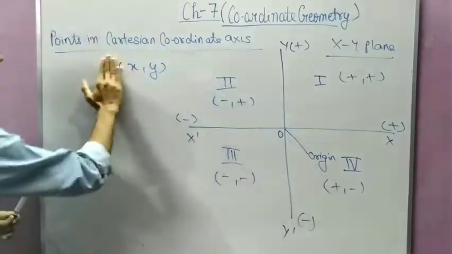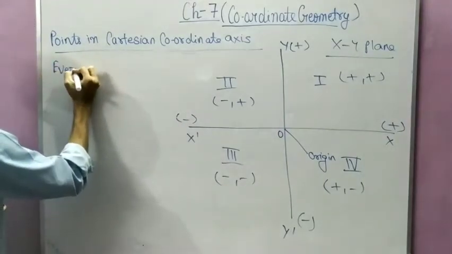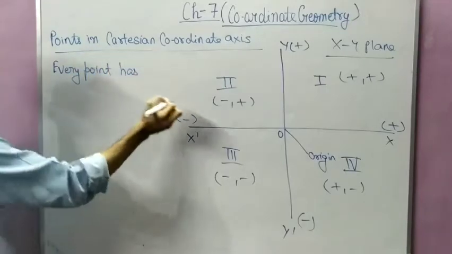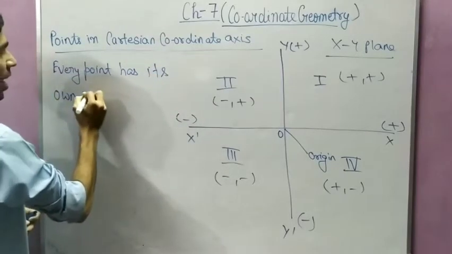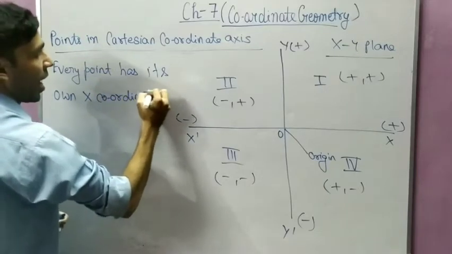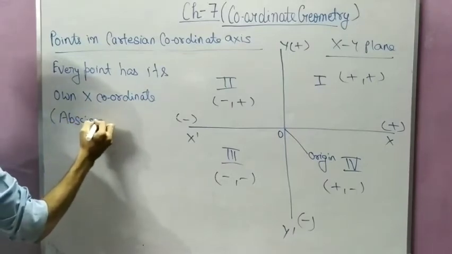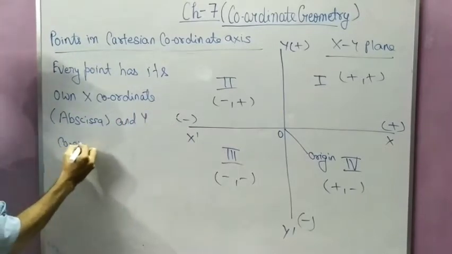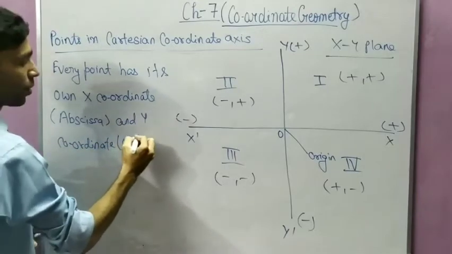So we will write: every point has its own x-coordinate, and the x-coordinate is also known as abscissa, and the y-coordinate, and the y-coordinate is known as ordinate.